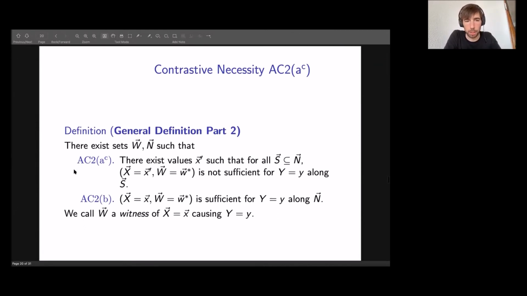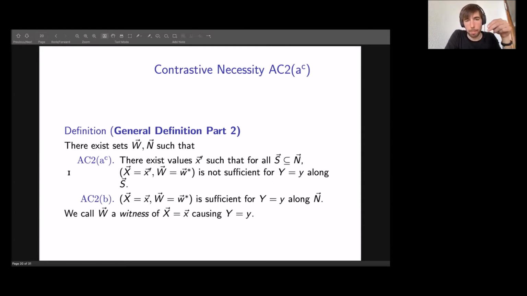Now I'll start with the second condition, B, because that's easier. It just says, plug in your notion of sufficiency, and then it states there is a set of actual values w such that together with x, they are sufficient for y along a network. The necessity condition then states that there are counterfactual values so that this is no longer the case. But to state that it's no longer the case should be made more specific.